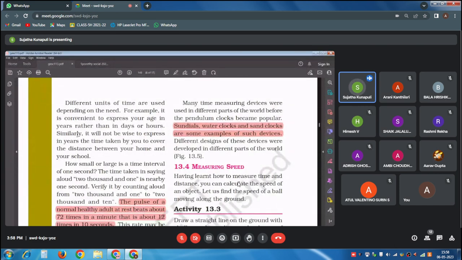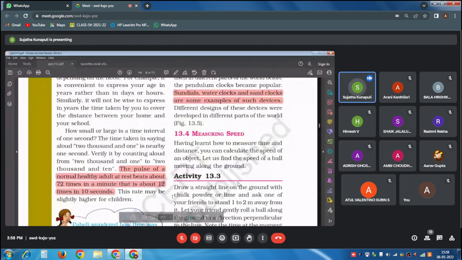The time taken in saying aloud 2001 is nearly 1 second. Verify it by counting aloud from 2000, 2001 to 2010.